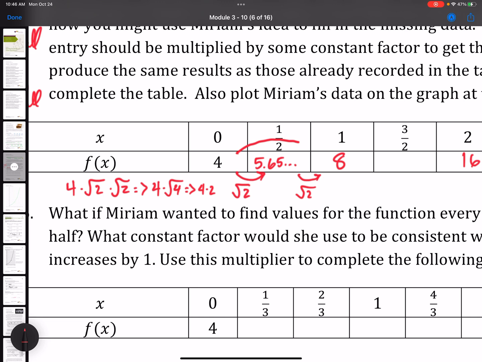To get from here to here, we did times 2, which is the square root of 2 times the square root of 2. But in that in-between phase, we multiplied by the square root of 2.